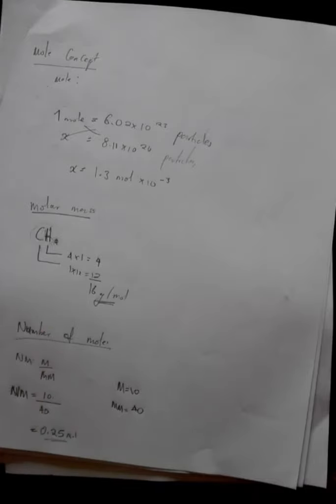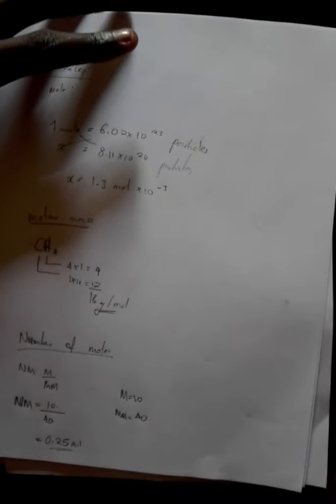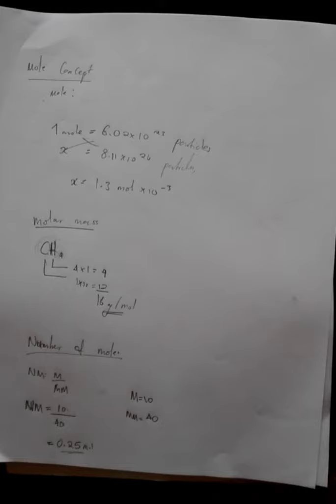Now I'll go to my last concept in this video, which is the number of moles. The number of moles is represented by the formula: number of moles equals mass over molar mass. We've been given a question here where our mass is 10 and our molar mass is 40. This is for calcium.